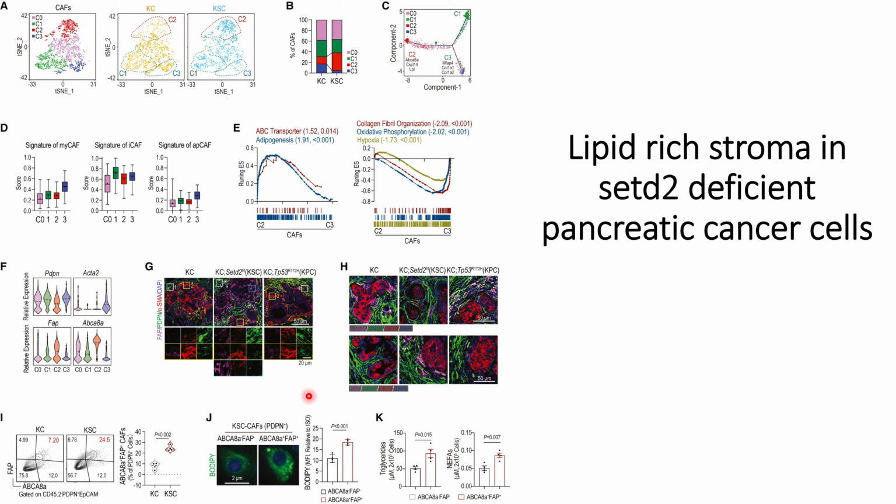This further substantiates their point that the lipid-rich stroma could be the result of the C2 cancer-associated fibroblast cluster, which is rich in genes that cause adipogenesis, ABC transporters, and has the FAP marker, which later results in enhanced OXPHOS in the pancreatic tumor cells.